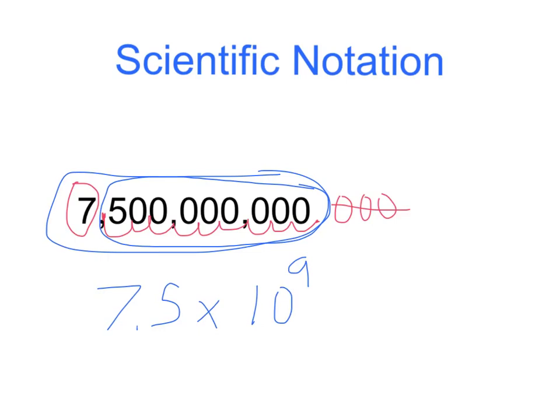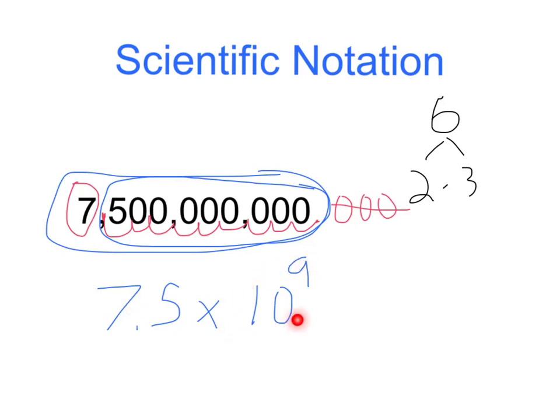Now, if you remember what I said just about a minute ago, I said it's the product of two factors. Factors, think about this. If I said, what are the factors of, let's say 6, you would say 2 times 3. Same idea. Right here I have 7.5 times 10 to the ninth. Those are two different factors. So the first factor has to be greater than or equal to 1, but less than 10.